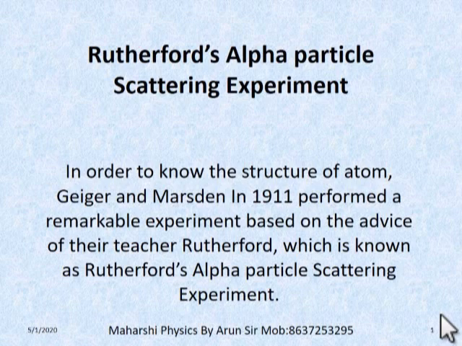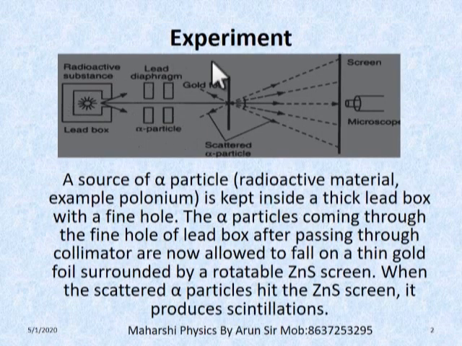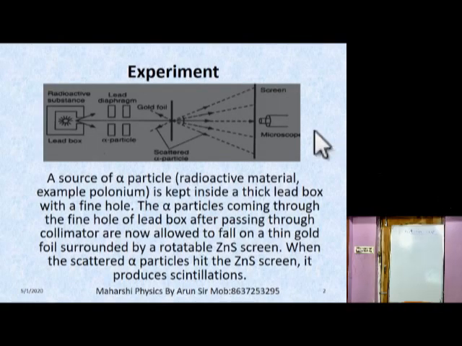The experimental arrangement of Rutherford's alpha particle scattering experiment is like this. The experimental arrangement consists of 6 components. First one is a lead box having a very fine slit. And the second is a radioactive substance polonium, which radiates alpha particles spontaneously.